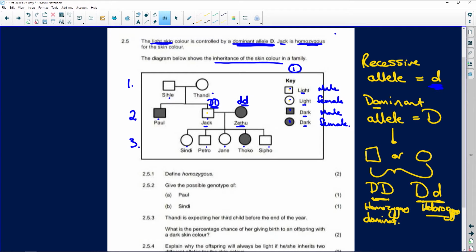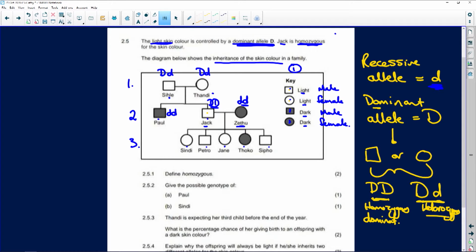Now, the fact that Sihle and Tandi have produced Paul, and Paul, being dark, has to be recessive, so Paul will be lowercase d, lowercase d. That means that Sihle and Tandi, well, they have to be heterozygous.